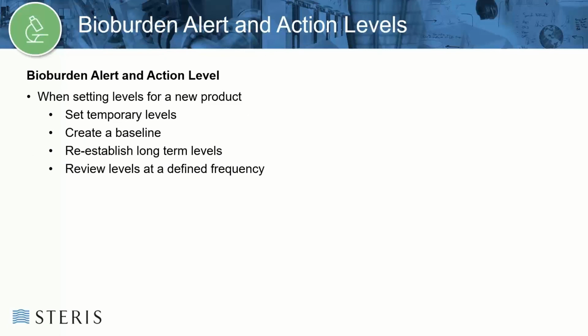When setting levels for a new product, temporary levels can be set until there is enough data gathered to establish long-term levels. Typically, a baseline is created with initial testing being performed at a higher frequency, weekly or monthly, or with each build, until data is built up to create longer-term levels, and the frequency can then be scaled back.